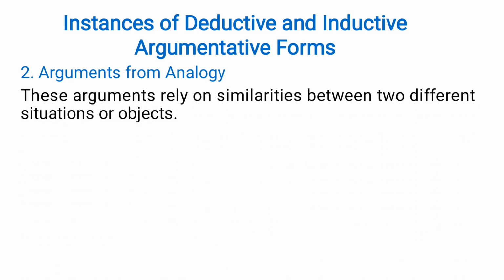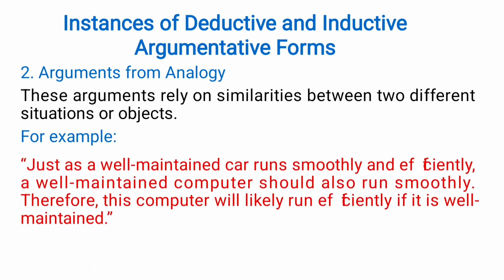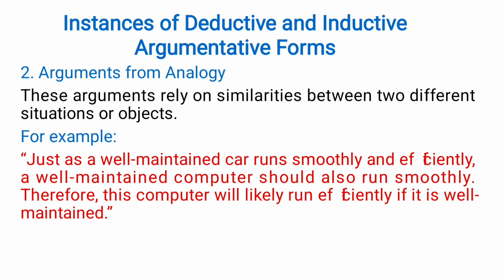This argument relies on similarities between two different situations or objects. Let's see an example. Just as a well-maintained car runs smoothly and efficiently, a well-maintained computer should also run smoothly. Therefore, this computer will likely run efficiently if it is well-maintained.